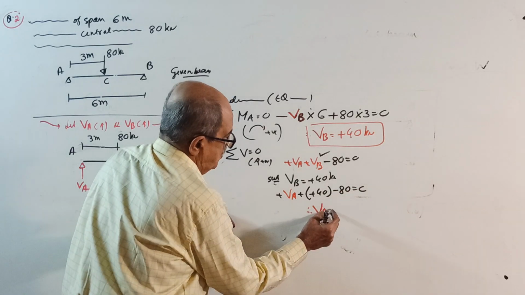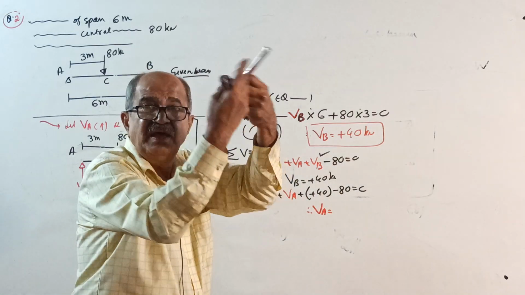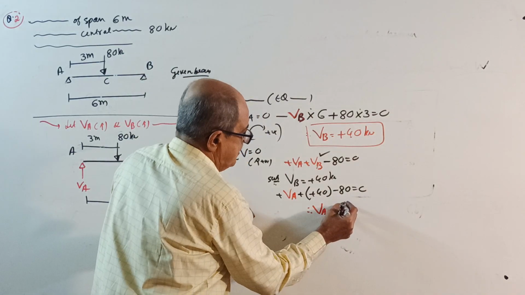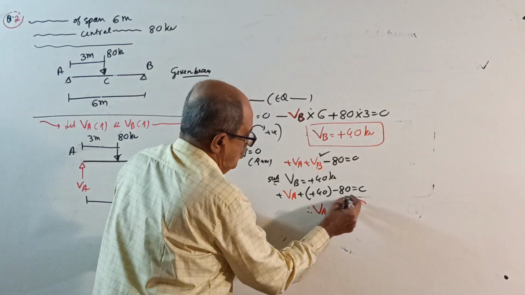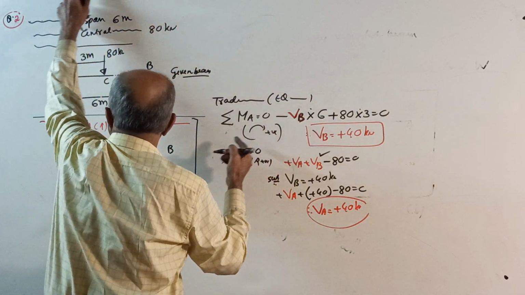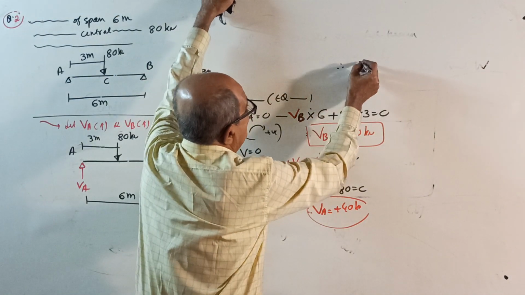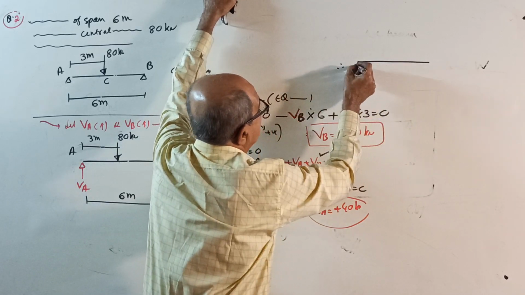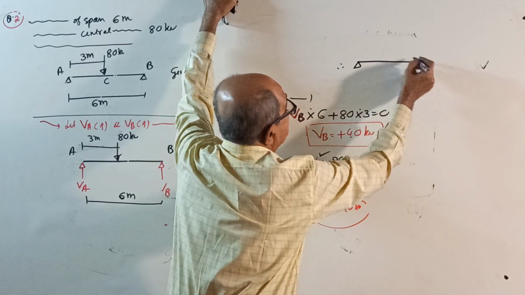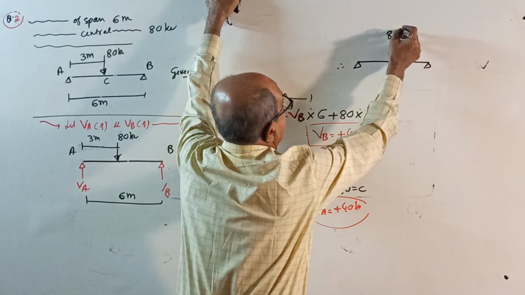Therefore, Va equal to plus 40 minus 80 is minus 40. Take that side, it becomes plus 40 kilonewton. Therefore, you write a sketch here. Write the beam once again. Therefore, for the given beam, support reactions are as shown below. See, 80 kilonewton load.